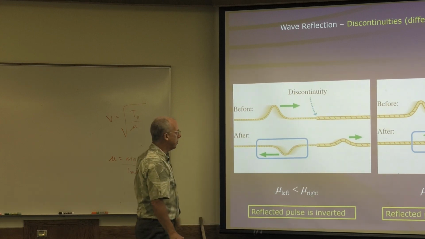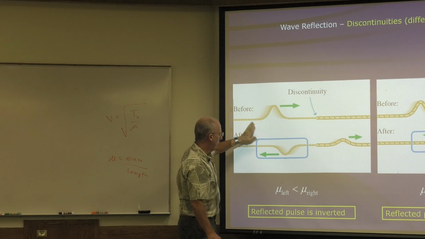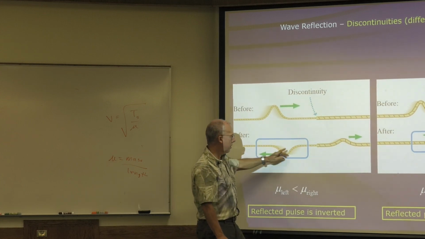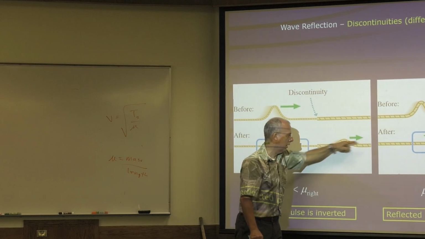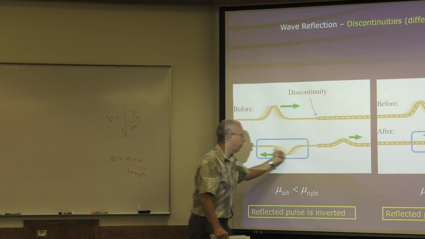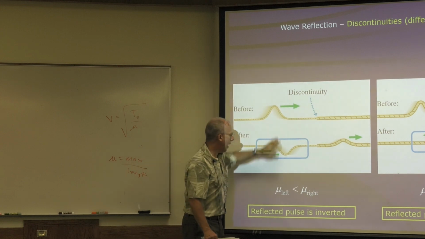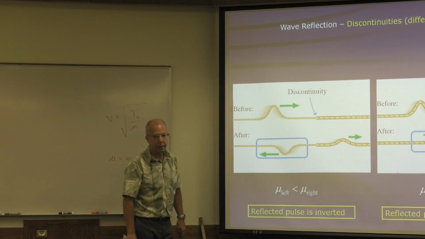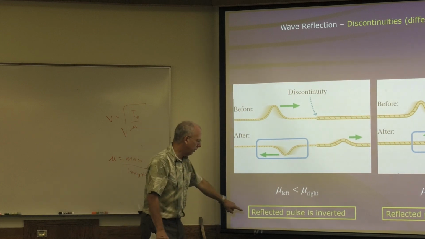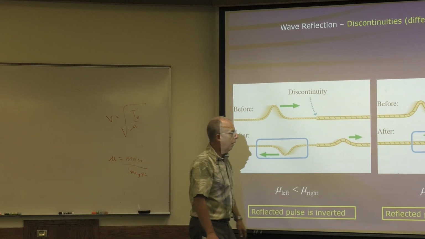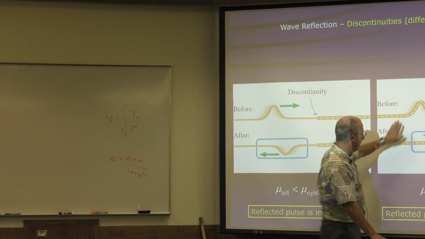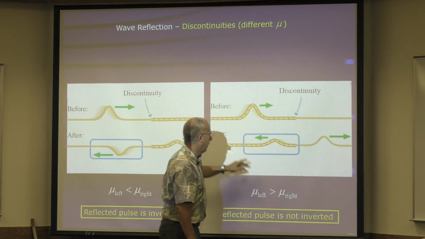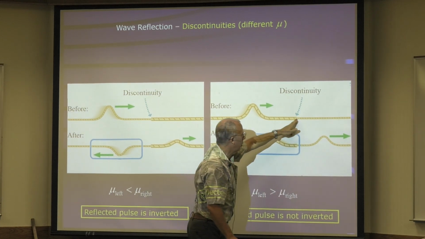And what we saw last semester was that when this mass density is less than this mass density, some of the wave keeps going, but some of it is reflected. And when mu left is less than mu right, the reflected pulse is inverted. On the other hand, now we have mu left greater than mu right, and there's our discontinuity.